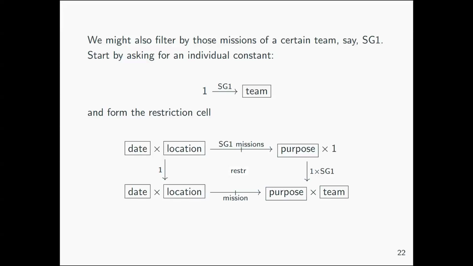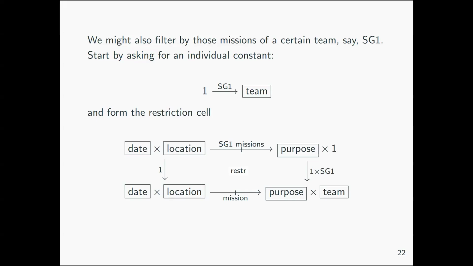Great. Say, on the other hand, we only care about SG-1 missions. They are, for example, the titular team of the show. So we could stipulate an individual constant, SG-1 of team type, and we form a restriction cell. And this gives us essentially a new proposition here.